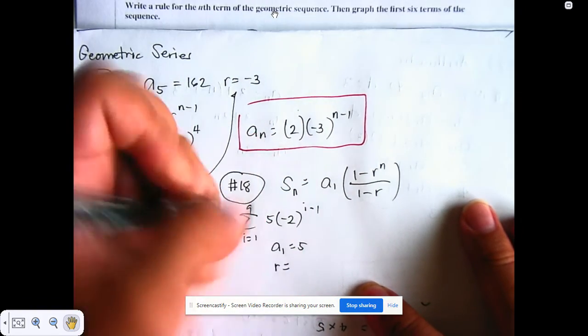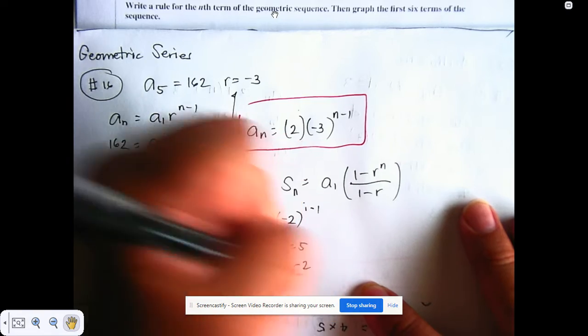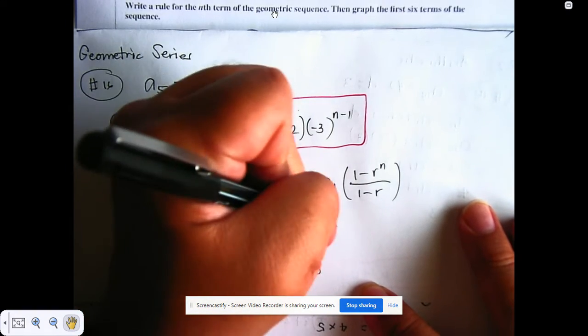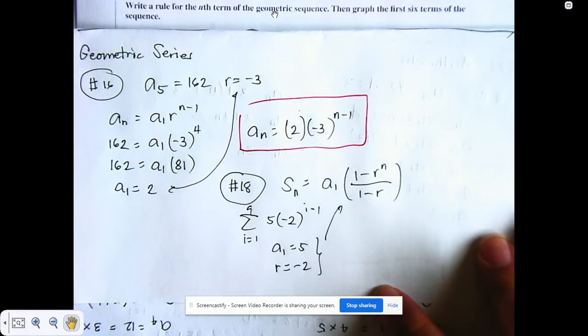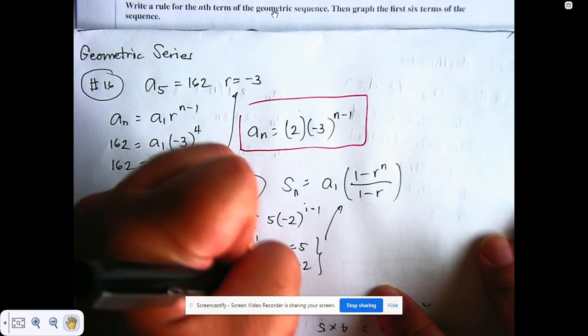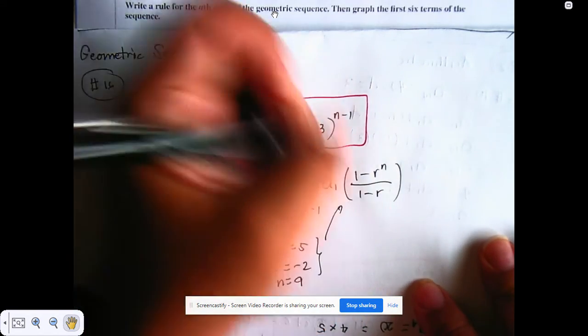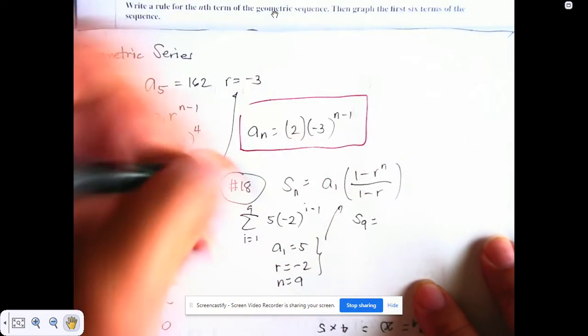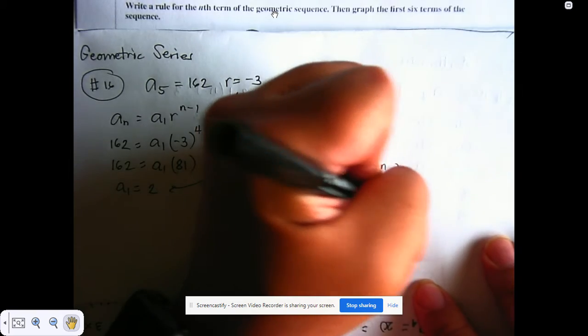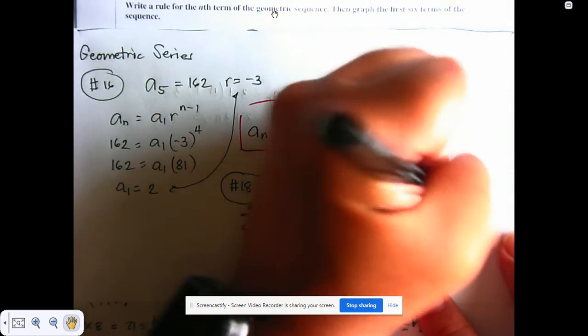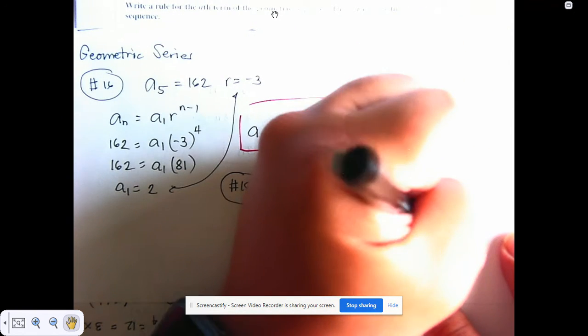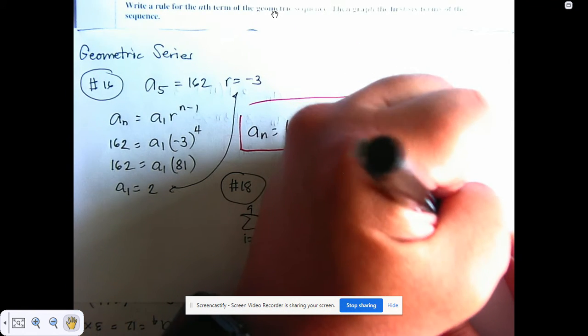My r is the one being raised to the exponent, which is negative 2. I'm going to substitute that in here. And my n is 9, because it's from 1 to 9, right? So S sub 9 is equal to 5 times 1 minus negative 2 raised to the 9, over 1 minus negative 2.